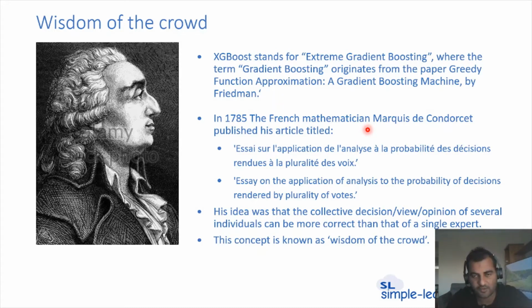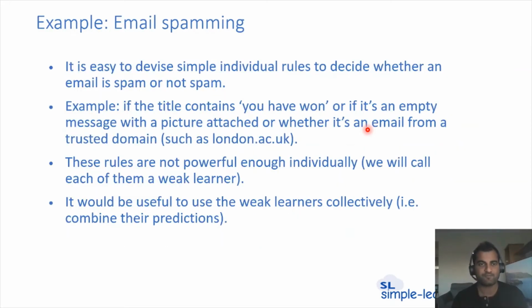His idea was mainly that a decision should not be based on just a single individual, but the viewpoints or opinions should be collected from several individuals, and based on that the decision can be made, right? This is one of the key concepts known as wisdom of the crowd. I hope we have a basic understanding of this terminology. For more details I recommend going through Google as well.